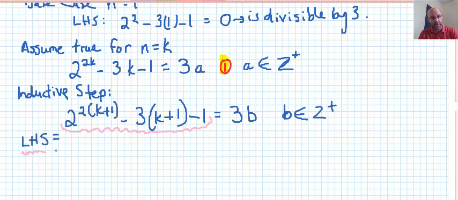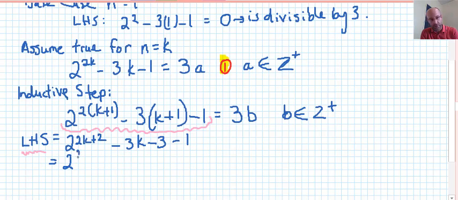When we say left hand side here, we mean the stuff in that faint pink color, and what we have here is some index laws and also some distributive rule. So we would have essentially 2 to the 2k plus 2, minus 3k minus 3 minus 1, which is 2 to the 2k times 2 to the 2, index law 1, and we have 3 minus 3k minus 4.